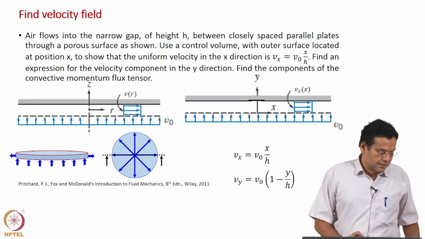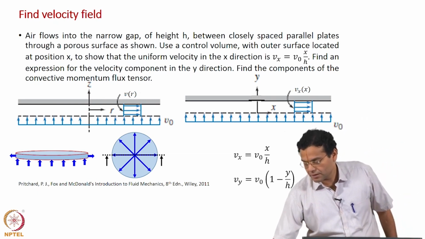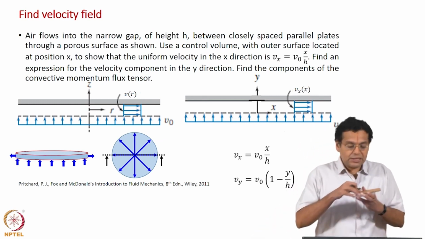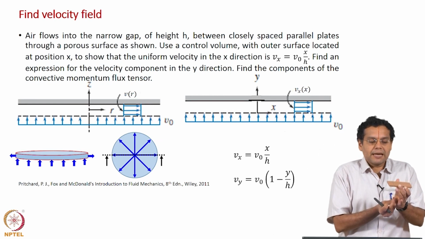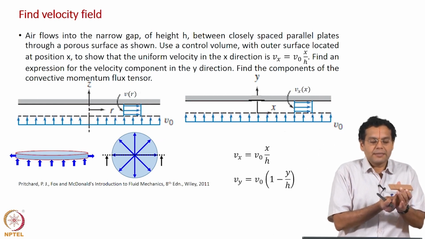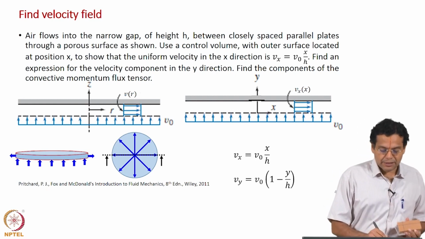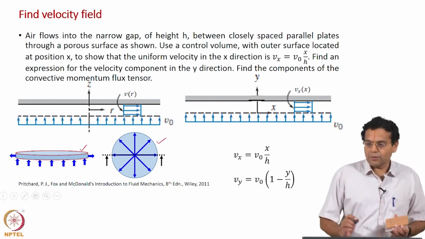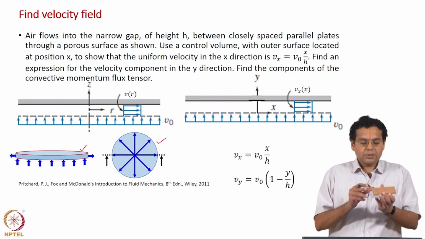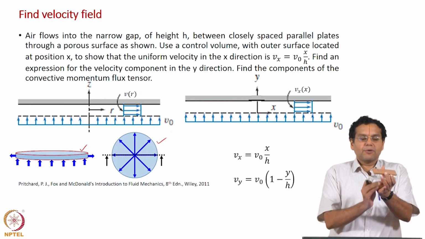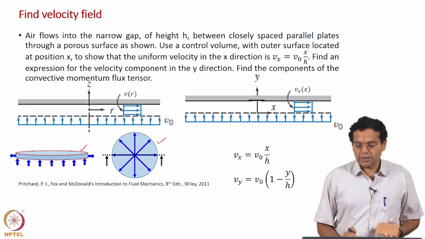The geometry of this example is that you have closely spaced parallel plates, and the bottom plate is porous, and you have air entering this, and it goes radially. That is what is shown here, it is a radial flow, but we analyze the problem using Cartesian coordinates. So, you have 2 plates and flow entering in this direction and flowing in these 2 directions. And that is what is shown here.